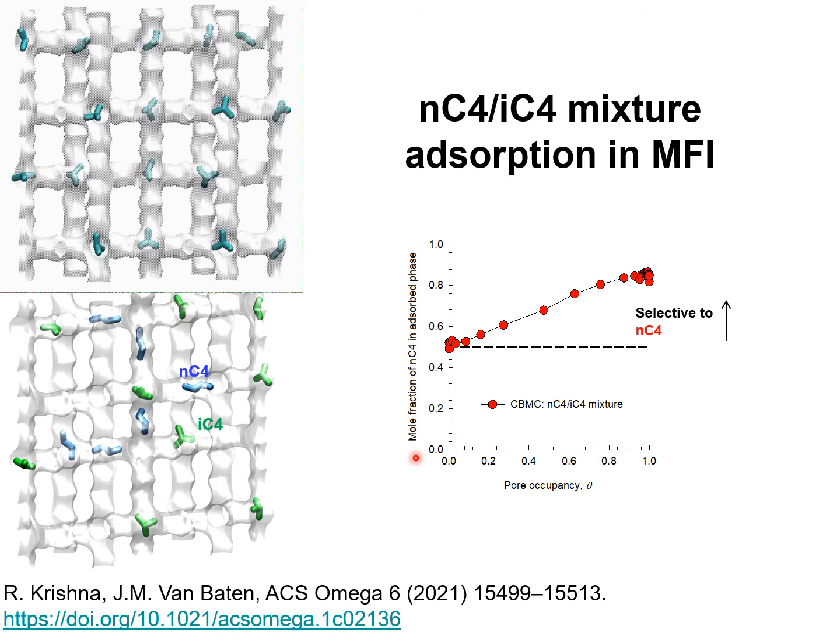The mole fraction of normal butane is plotted against the pore occupancy, and as in the previous slides, we note that as the pore occupancy increases, the entropically challenged isobutane is increasingly excluded from the pores, and the mole fraction of normal butane approaches a value, say, around 0.9.